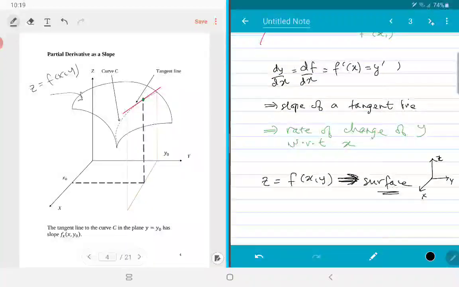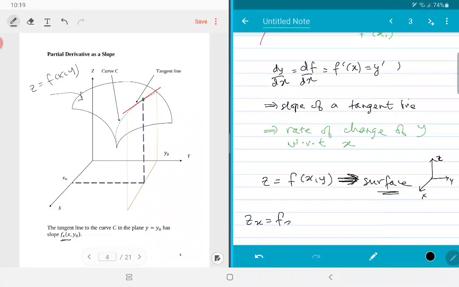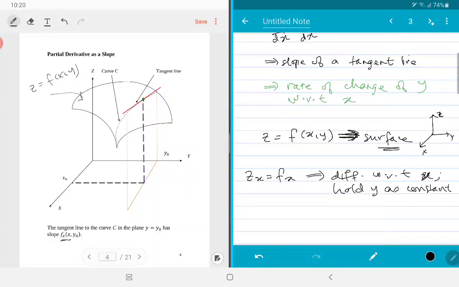Remember from the previous video, if you find partial f partial x, you hold y as a constant. So for z_x or f_x, you differentiate with respect to x, but you hold y as constant. When you hold y as constant in 3D, y constant represents a vertical plane.